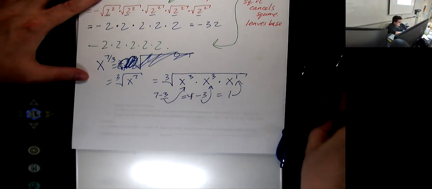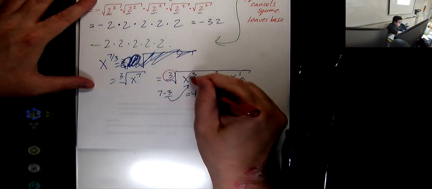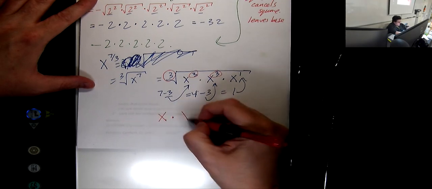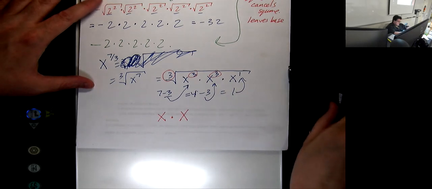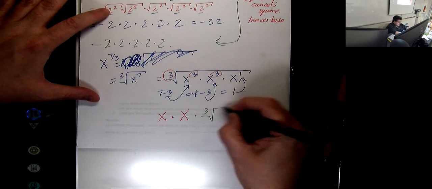And now, every one that has an index that matches the exponent, I can pull out. And they are multiplied together on the outside. And whatever doesn't get pulled out stays inside.